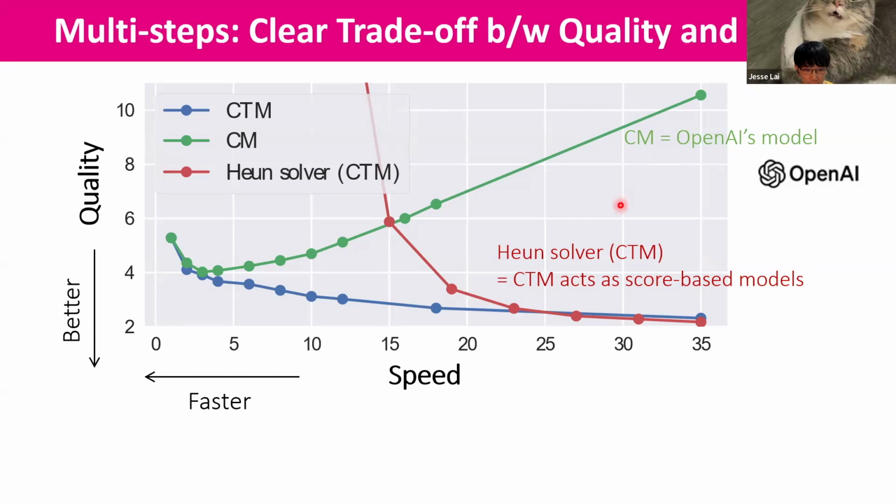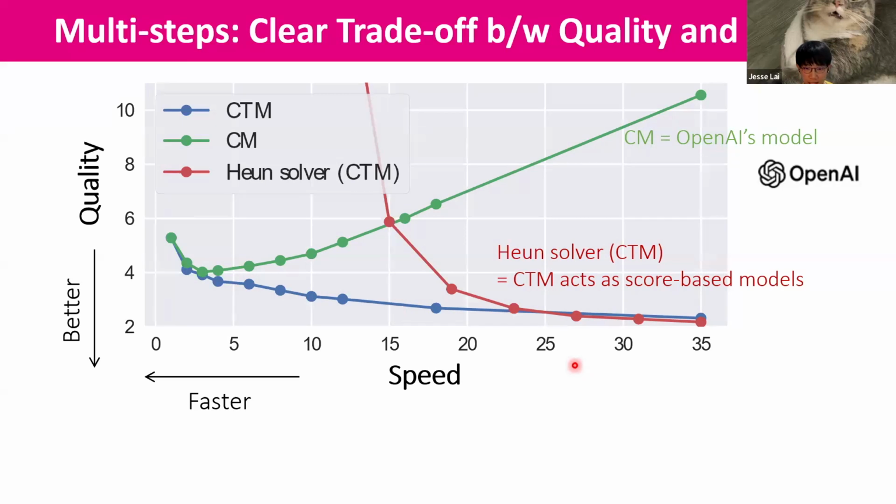On the other hand, CTM can afford a long jump, which is how we get the blue line. CTM can also do an infinitesimal jump, which gives us the slope, or the score.